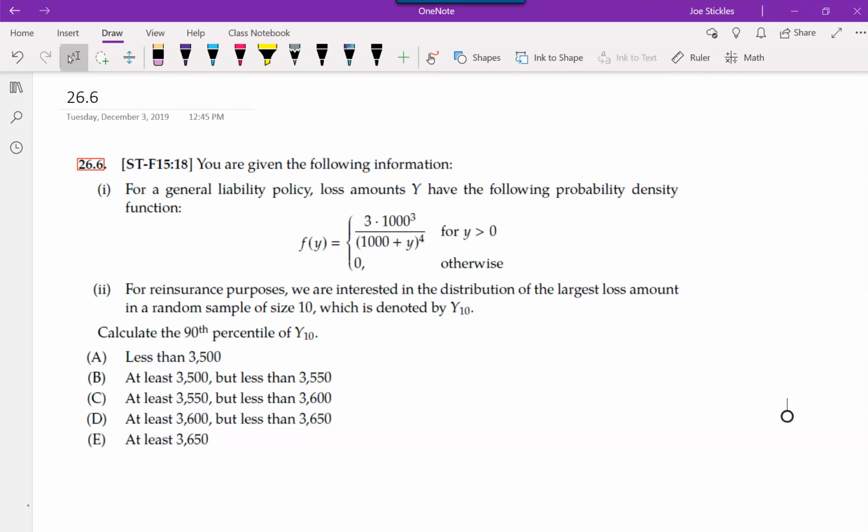So our y is going to be, I know it says y10, don't worry about that, I'm going to say it's the maximum of x1 out to x10. Just separating the variables from y's and x's. Again, ignore the 90th percentile for the time being.